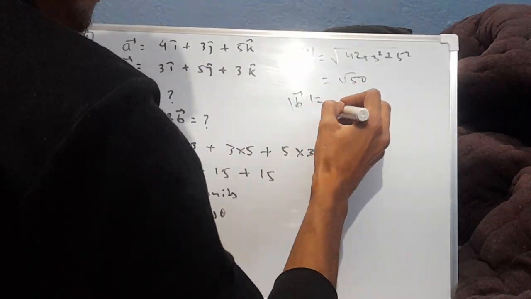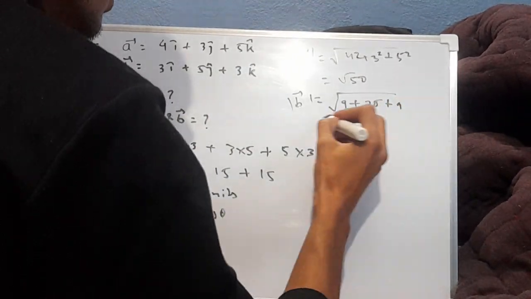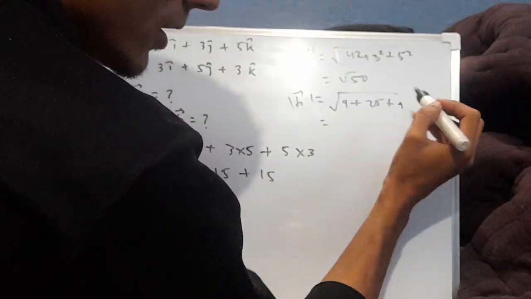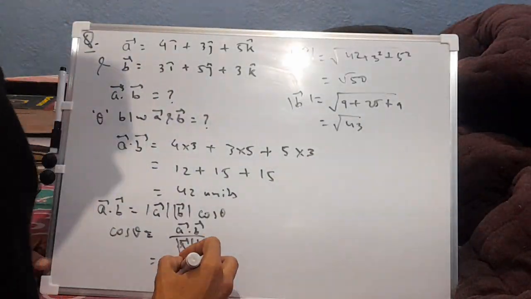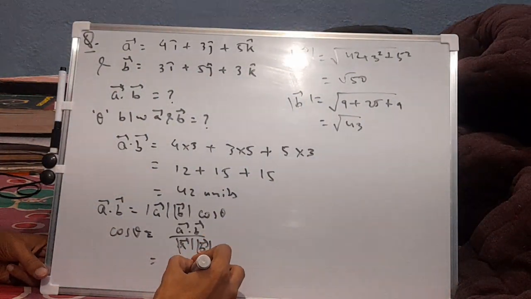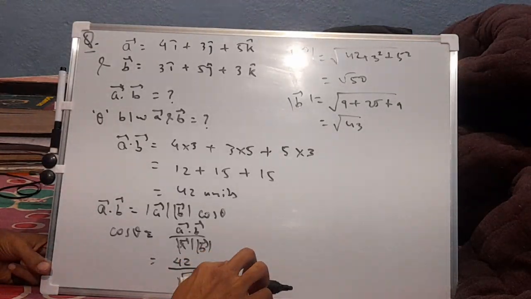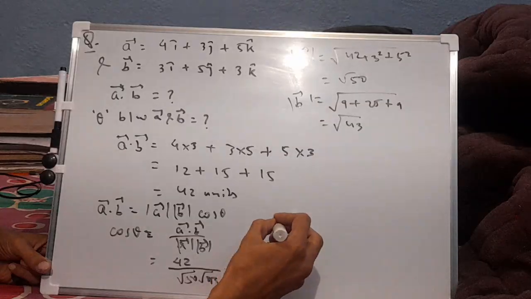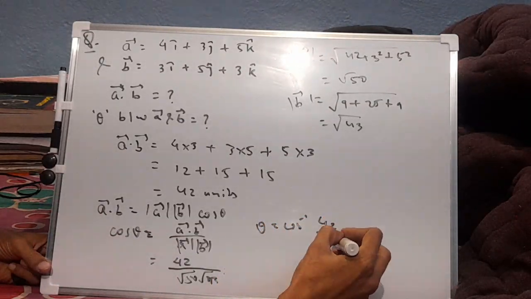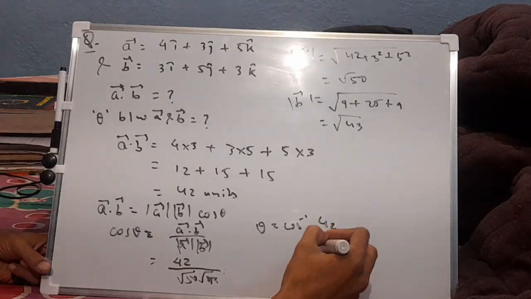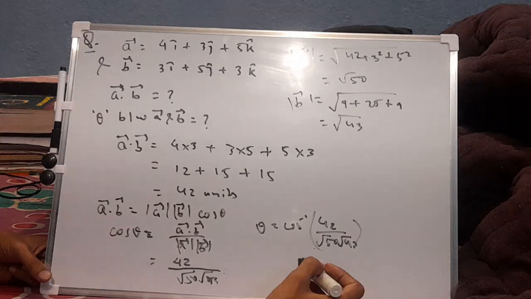And magnitude of B would be equal to 9 plus 25 plus 9. 18 plus 25, how much is it? Okay, it's 43 units. So it would be 50 times 43, and that's your cos theta. So theta would be cos inverse of 42 upon under root 50 times 43. So that's your theta between vector A and vector B.